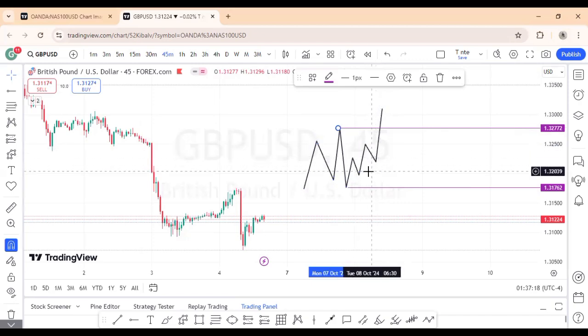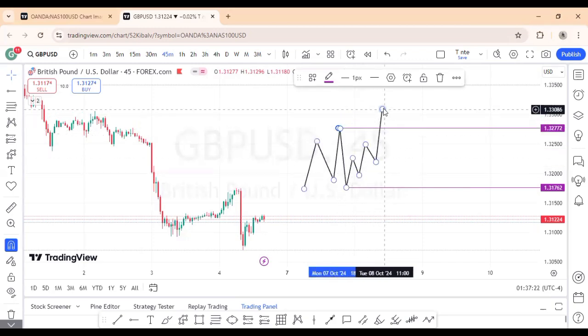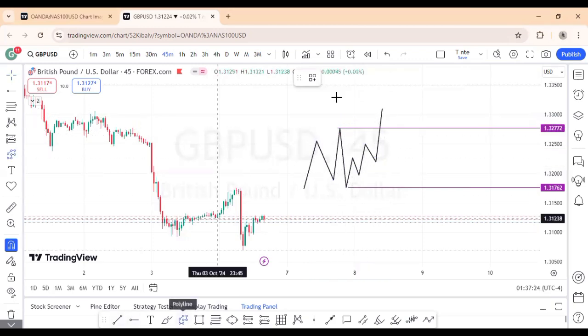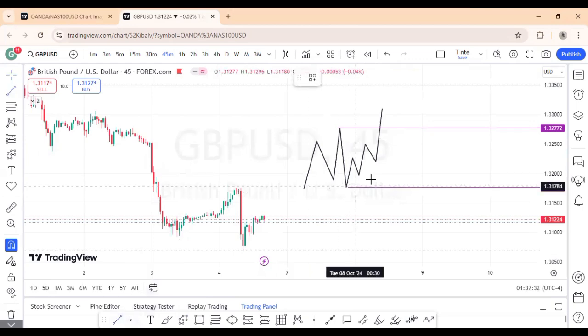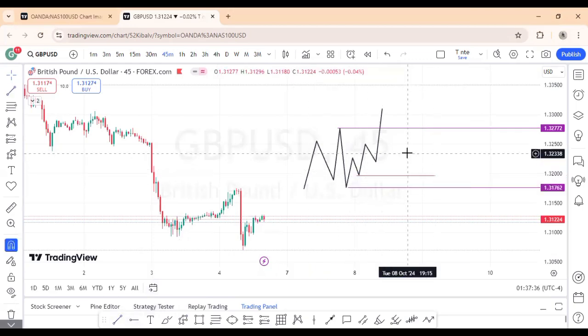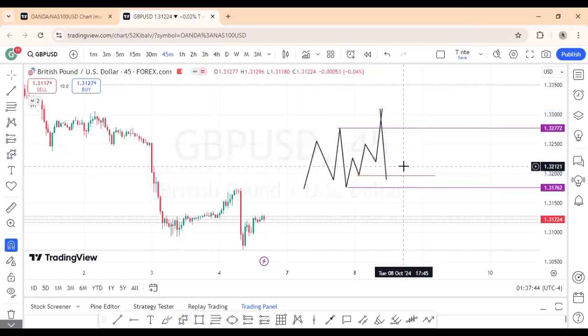And I told you yesterday that the last internal liquidity is where price usually reverses from. That means price has a very high tendency to reverse after taking out this last liquidity, so you have to pay attention to that.